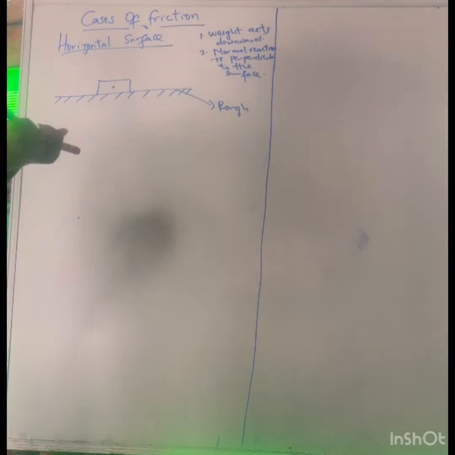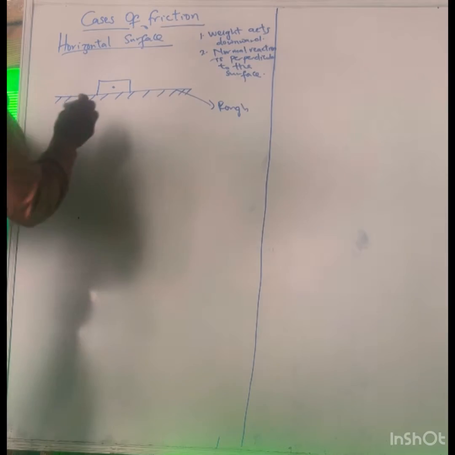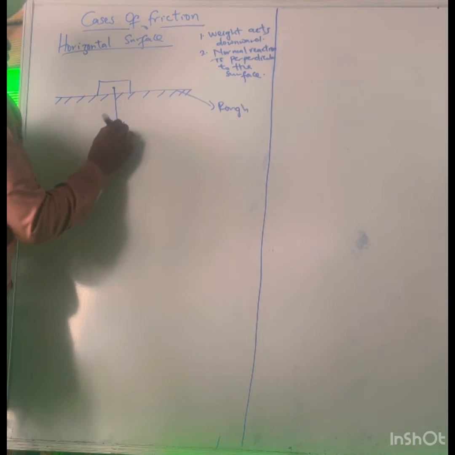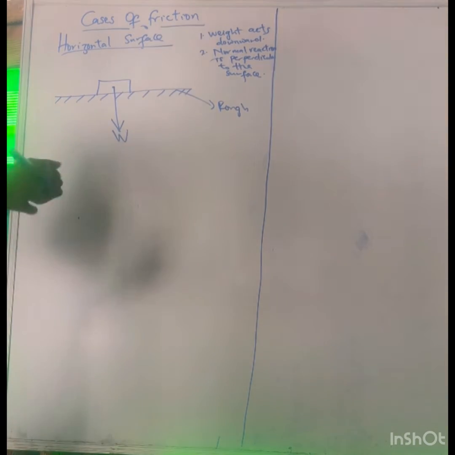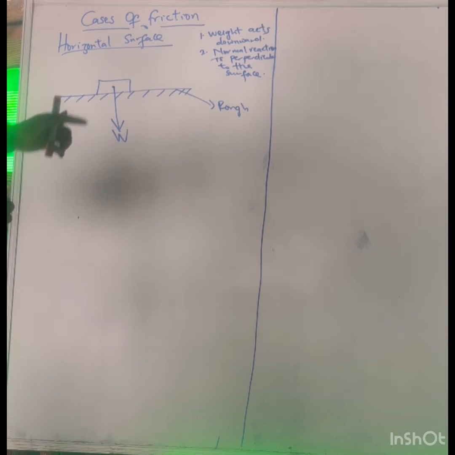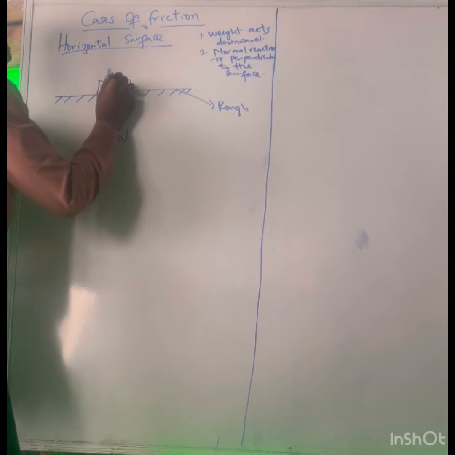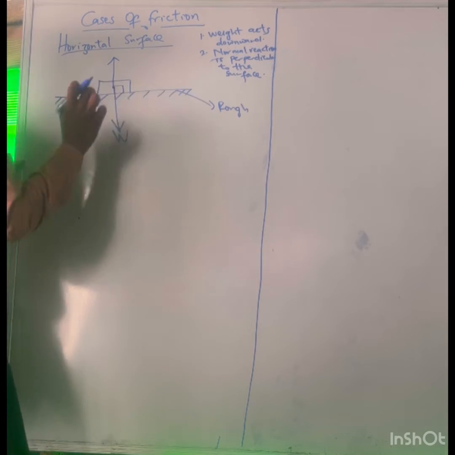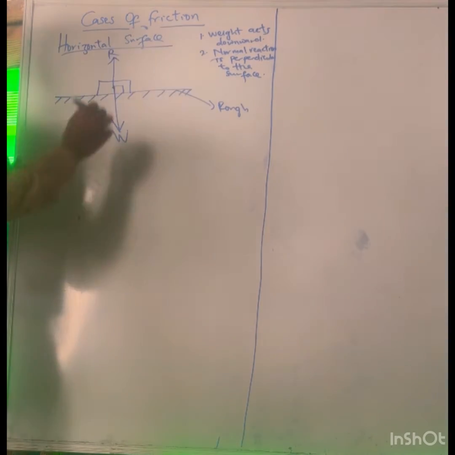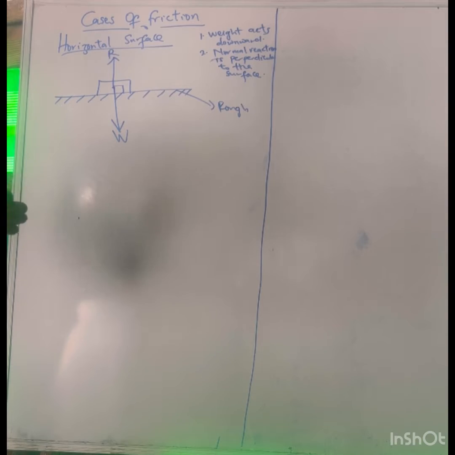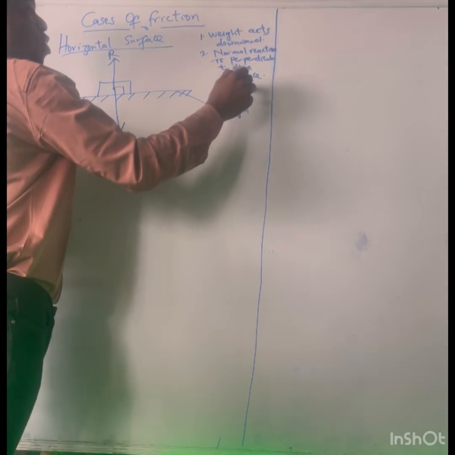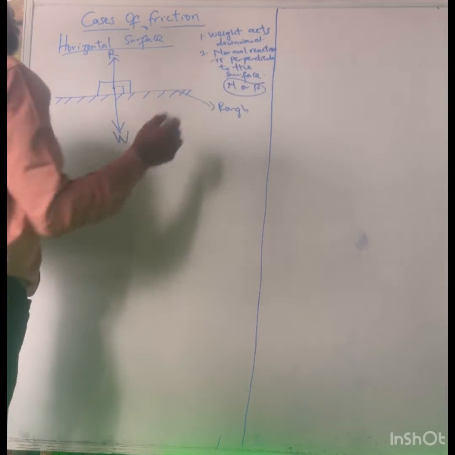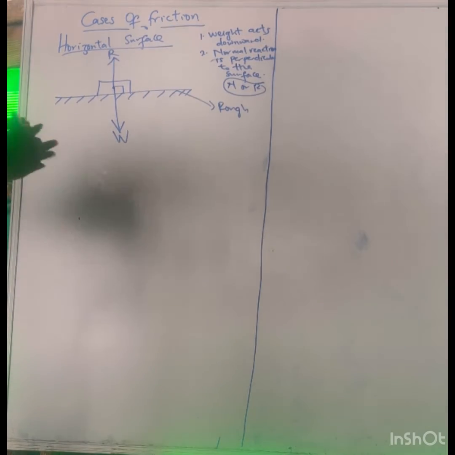The weight of this object acts vertically downward. The normal reaction acts upward, opposite the weight, but perpendicular to the surface. This is the normal reaction, R. Your normal reaction can be represented as N or R, it's still the same thing.